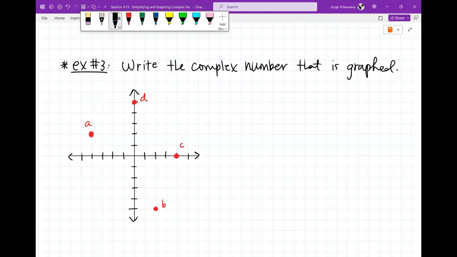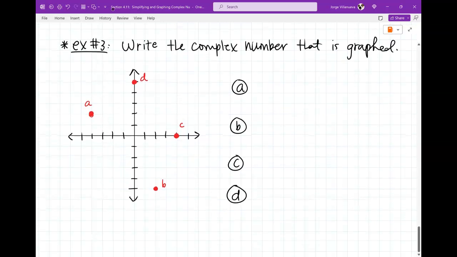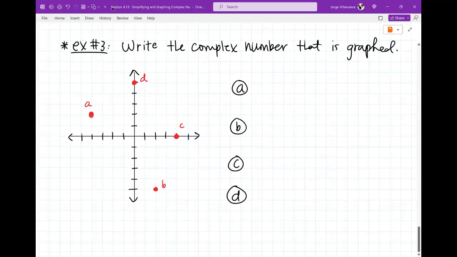Now, I would recommend that you guys write it as a normal point first and then translate. But you don't have to, okay? You can just give me the complex answer. But I always tell people, just to make sure, give me the point first, the way it looks, X, Y, and then we'll translate it over.